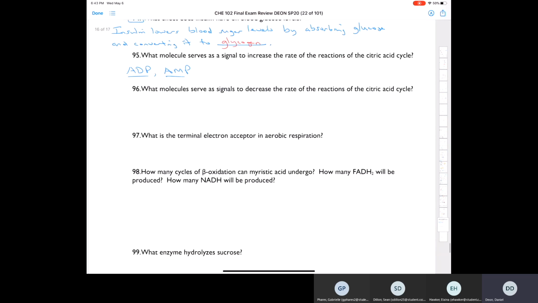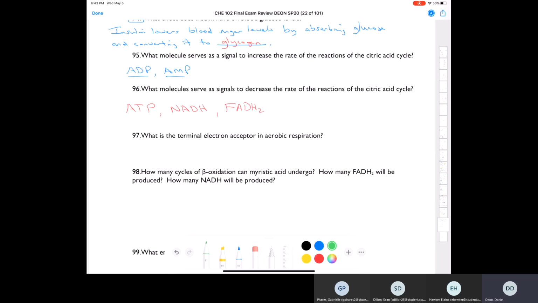The next one is kind of in the same vein. It says, what molecules serve as signals to decrease the rate of reactions? Well, that's going to be kind of the opposite. ATP will be one of those, NADH would be another, and FADH2.